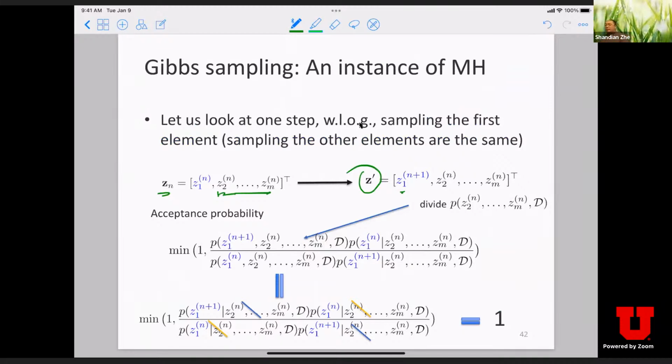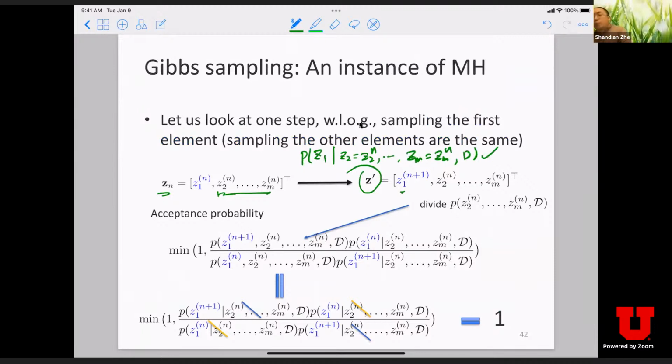So let's see how likely we're going to accept this proposal. Remember, we use the conditional probability distribution of Z1 given Z2 equals Z2^n up to Zm equals Zm^n and given data D. So this actually is our proposal distribution.